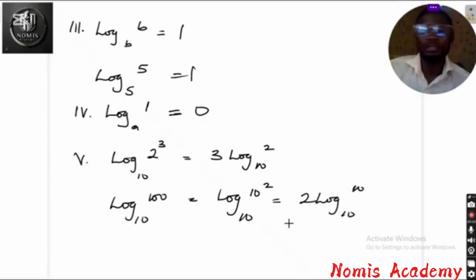So log 10 base 10. So you can see how these rules are working now. From here you can see how I used one of the rules to make it like this, and one of the rules again to show that log 10 base 10 is 1. So everything here is equal to 2.